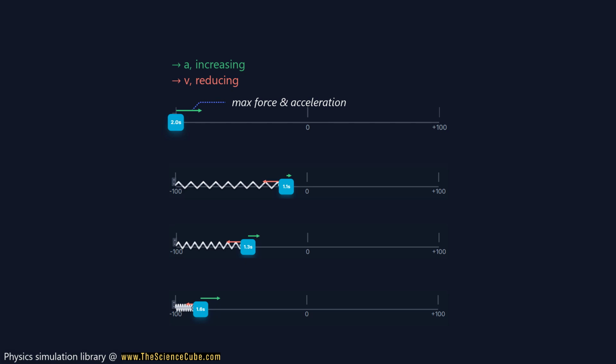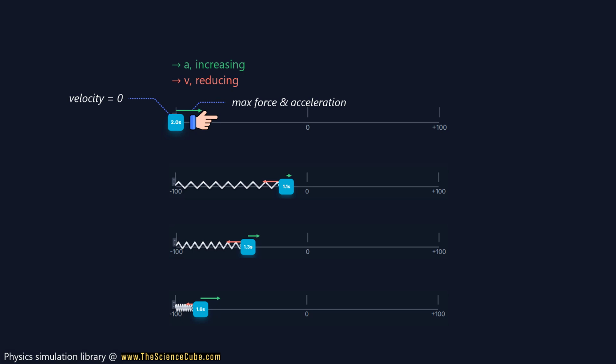And at this instant, the spring is completely compressed, and this means maximum force and therefore maximum acceleration is acting on the mass in this direction. However, at this point, the mass has come to rest. That is, its velocity has become 0.